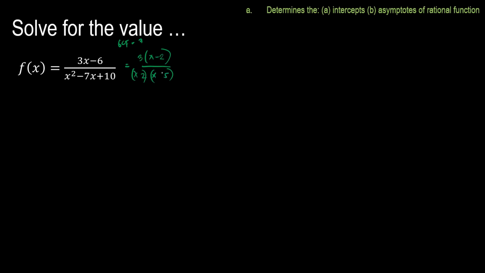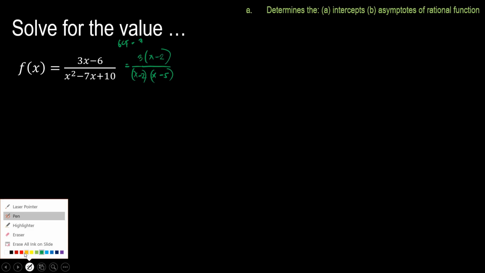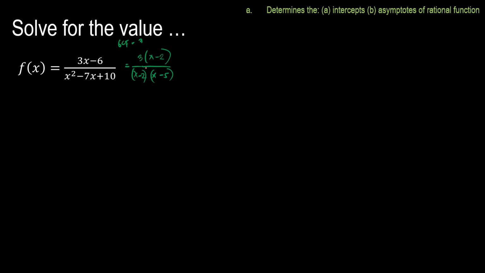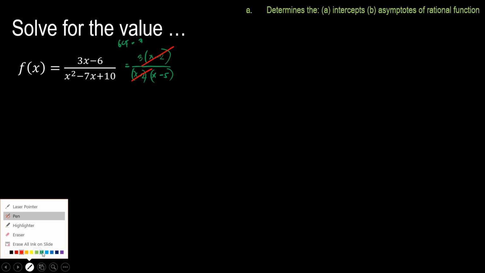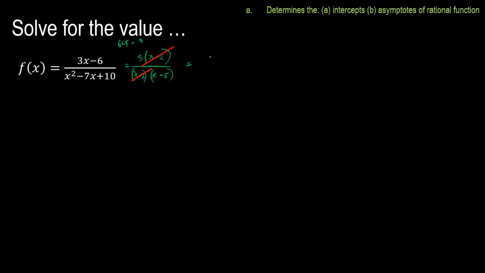So, since negative yan, negative to class parehas. Okay? Again, if you're hesitating, do the FOIL method and kailangan makabalik kayo dun sa original expression na x squared minus 7x plus 10. So, as you can see there, class, pwede tayong mag-cancel si x minus 2 and x minus 2. Okay? So, ang matitira na lang ay 3 all over x minus 5. So, dito na tayo magbe-base sa function na yan.